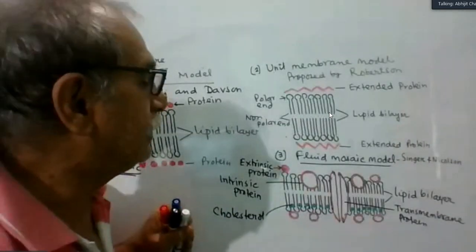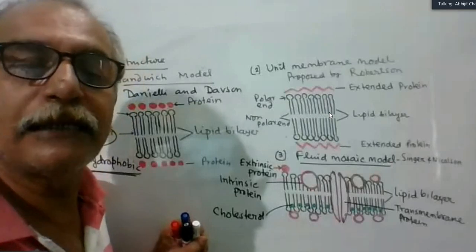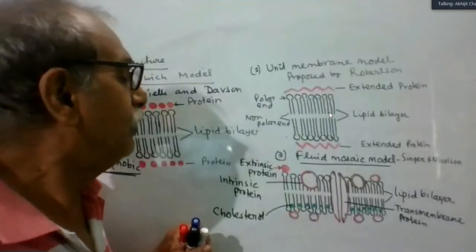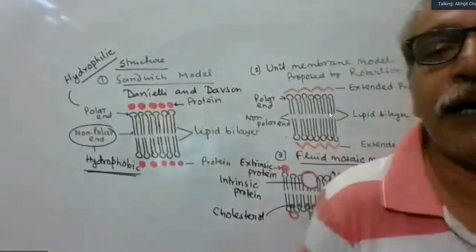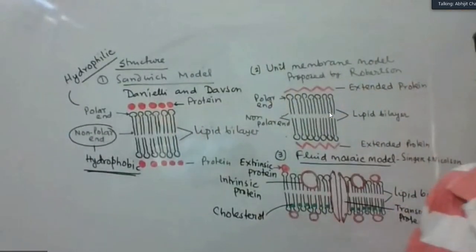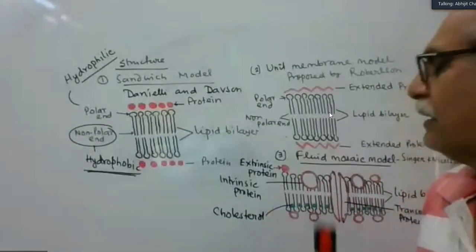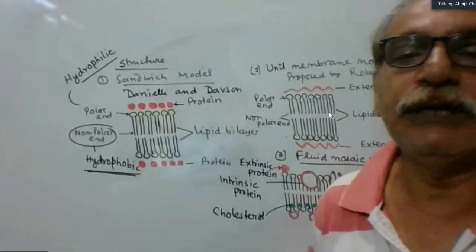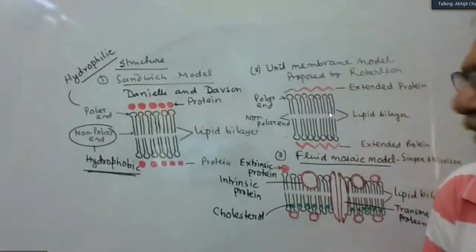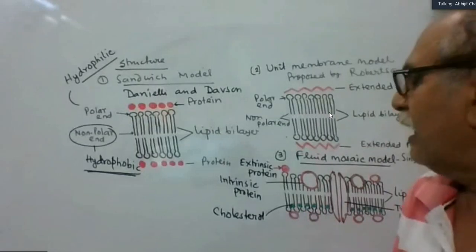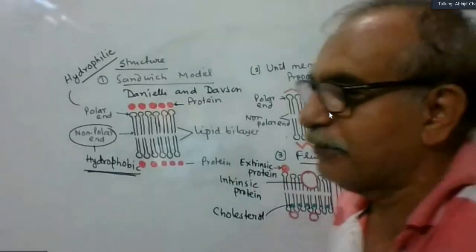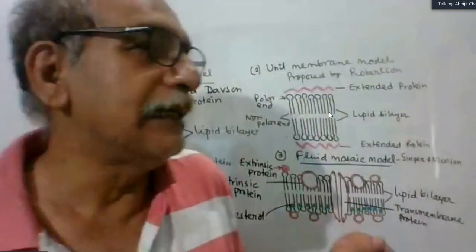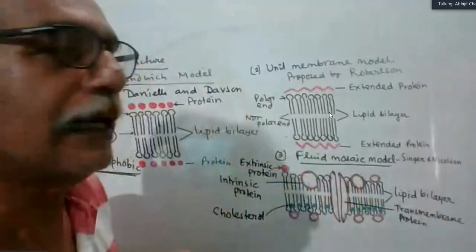Now you see here, similar polar and nonpolar ends are here. The extrinsic proteins, which are just attached to the lipid bilayer, not entering into it, act as receptors. They have to receive the stimulus. And intrinsic proteins here act as carriers.